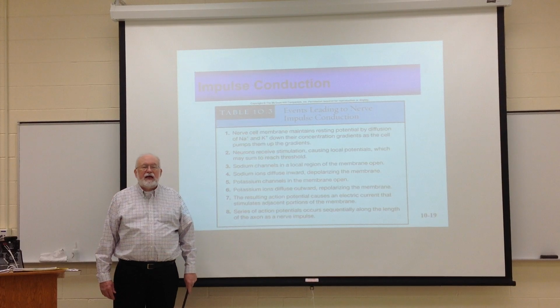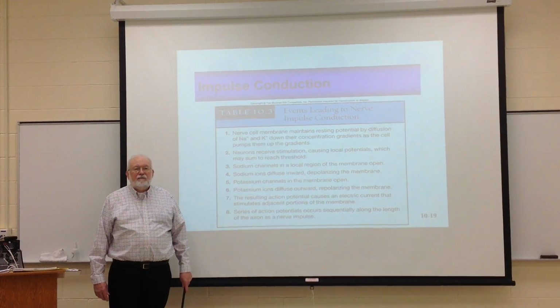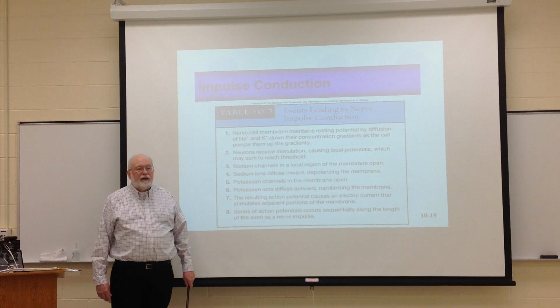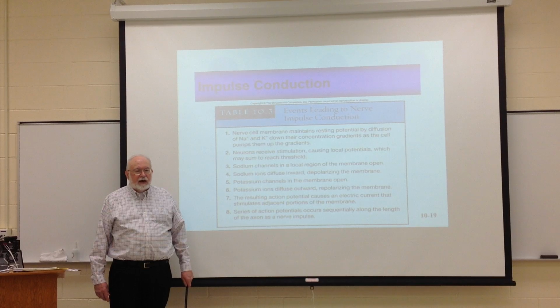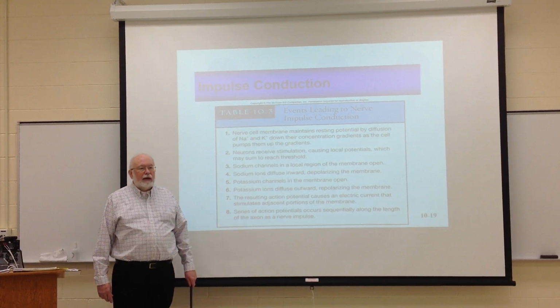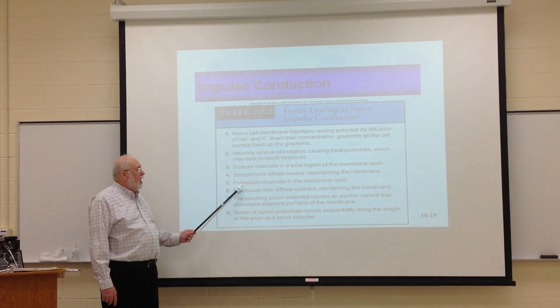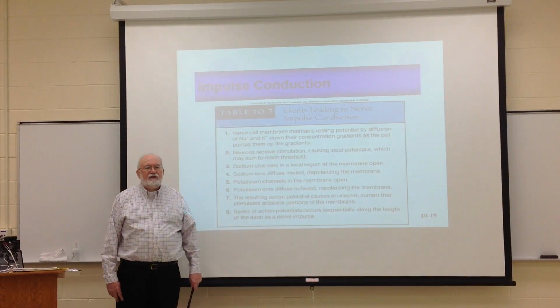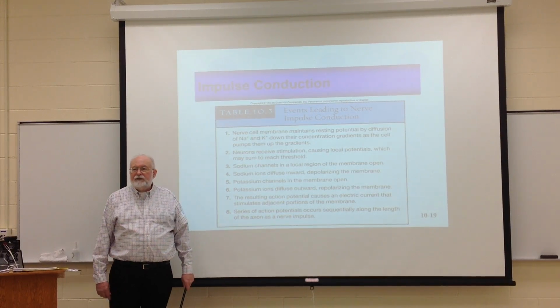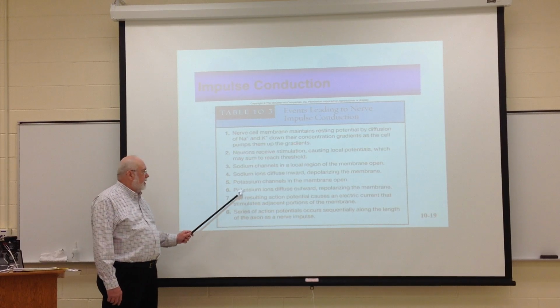Sodium ions diffuse inward, depolarizing the membrane. What was the resting potential originally? -70 millivolts. What happens when it's fully depolarized? What does it go to? +30 millivolts. When that is reached, potassium channels open. Potassium starts to come out. What happens to the membrane? It starts to repolarize.